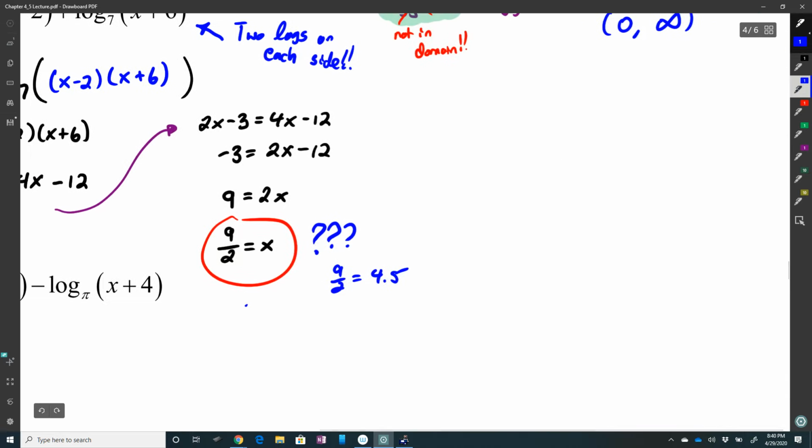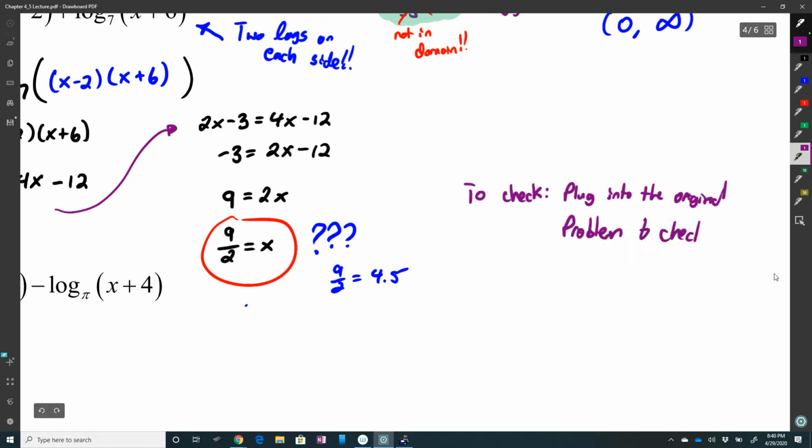So to check, let me write that here. You plug into the original problem and check the domain. But it has to be the original. I butchered the word original right there.